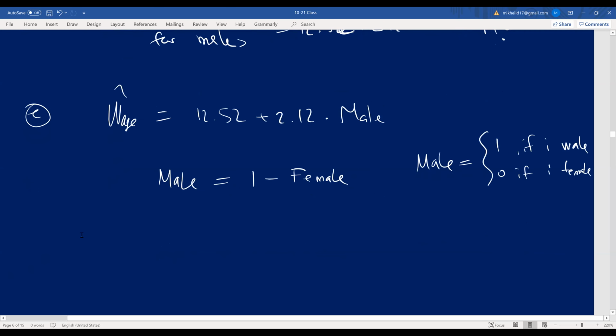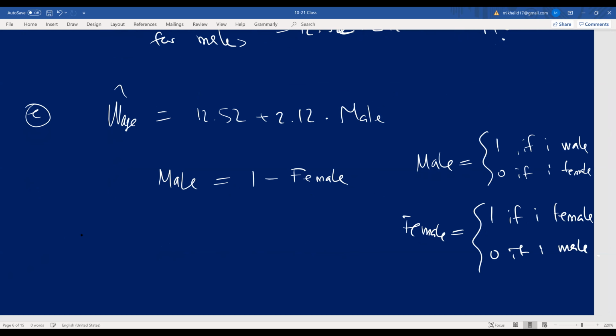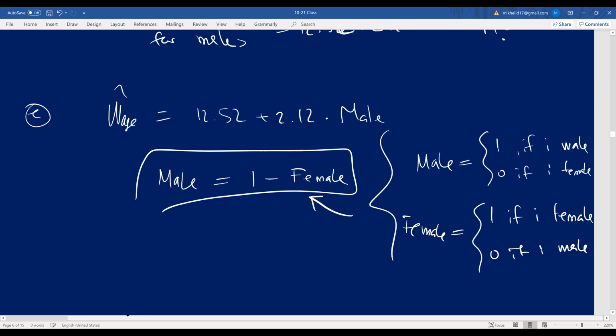And we define female, another dummy variable, as 1 if person i is female, and 0 if person i is male. So these two definitions imply that the variable male is 1 minus the variable female.